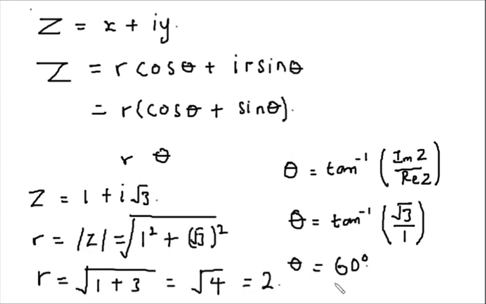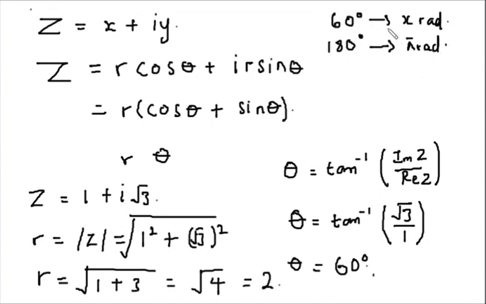We can plug this value into this equation, but I definitely like to leave it in radian form. To convert 60 degrees to radians, we say 60 degrees to x rad. We don't know x, but we know that 180 degrees gives us pi rad.